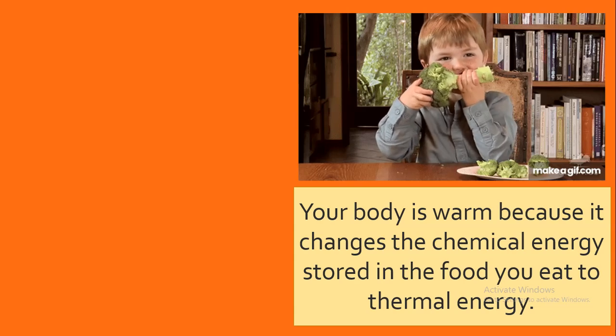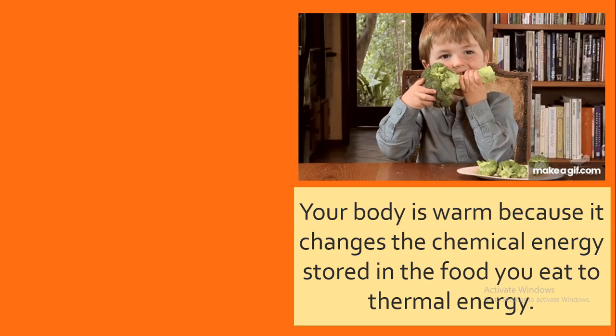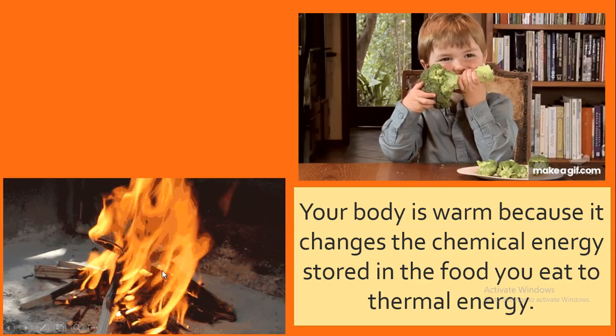What about this picture? This boy is eating, right? His body is warm because it changes the chemical energy stored in the food we eat to thermal energy. What about fire?